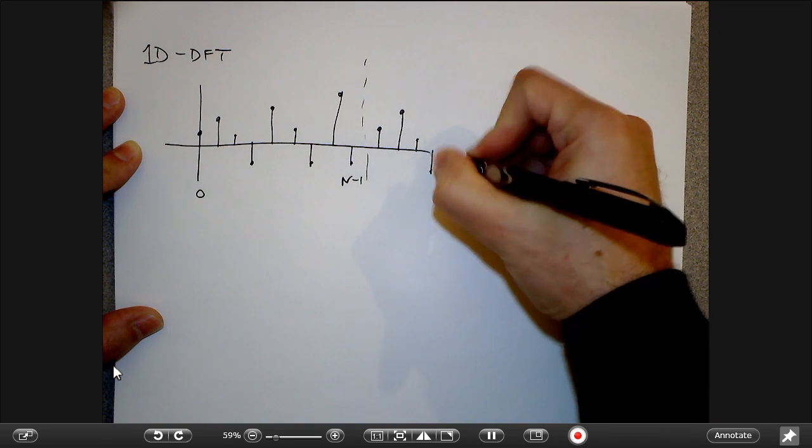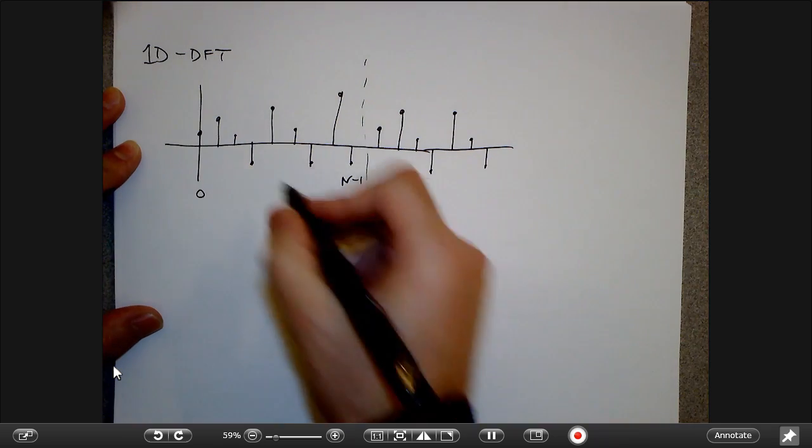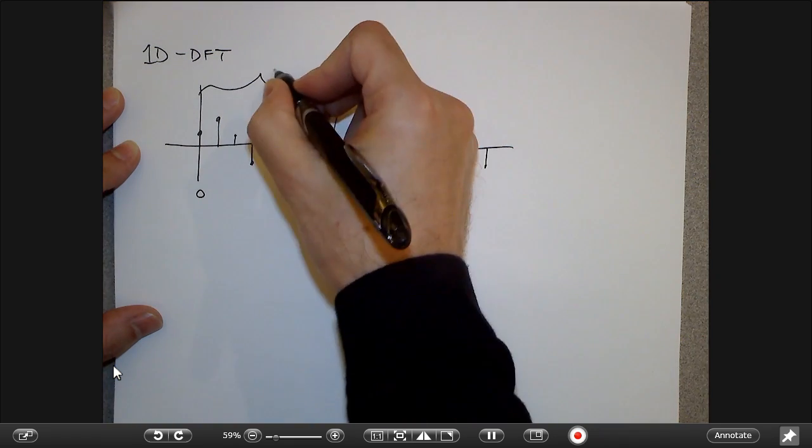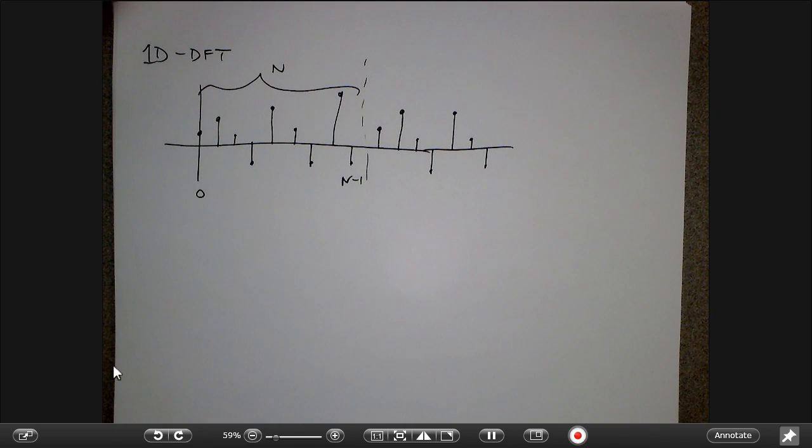So outside this interval, I get the same guys again. And so the way I think about the 1D DFT is actually that I have n unique values, but those n things repeat across the time domain. In the same way, those n things repeat across the frequency domain, right? That's why I only have this sampled 0 to 2 pi window, and everything else outside of that is just something that I saw before, right?